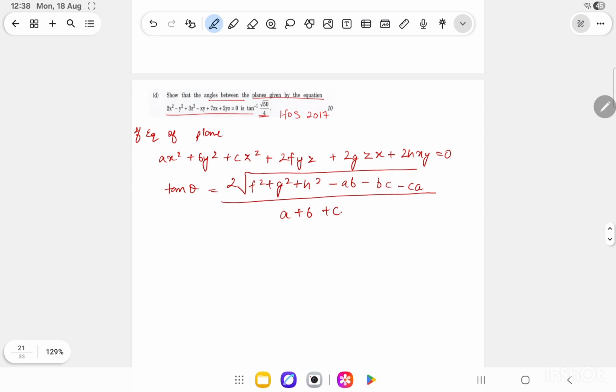So first let us just compare the given equation and calculate value of a, b, c and f, g, h.